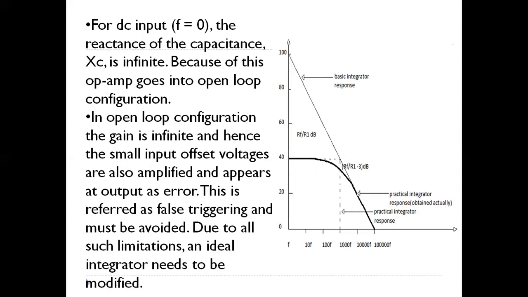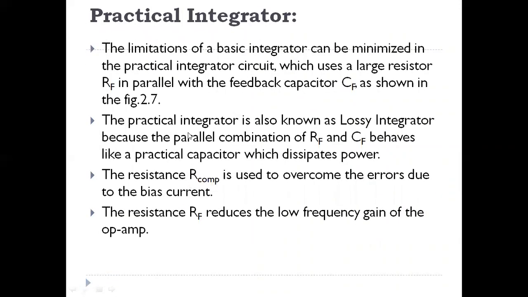That means we can get some non-linearity at the output. So we can get some error, and we can get some infinite range of output at lower frequencies. So this is the limitation which we have for the ideal or basic integrator, and it should be modified by using the practical integrator. The limitation of basic integrator will be minimized by using the practical integrator.